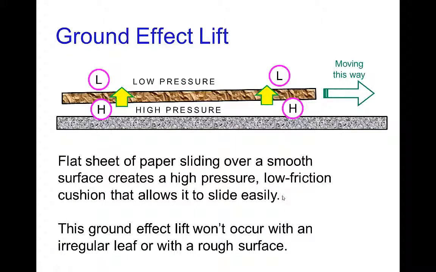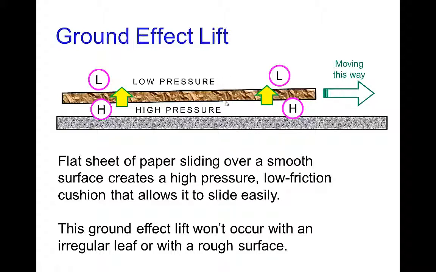Now, there's an additional type of lift which occurs when we have something like a smooth sheet of paper very close to a smooth surface, and this is called the ground effect lift. So the presence of this lower surface of the table enhances the amount of lift that we get.